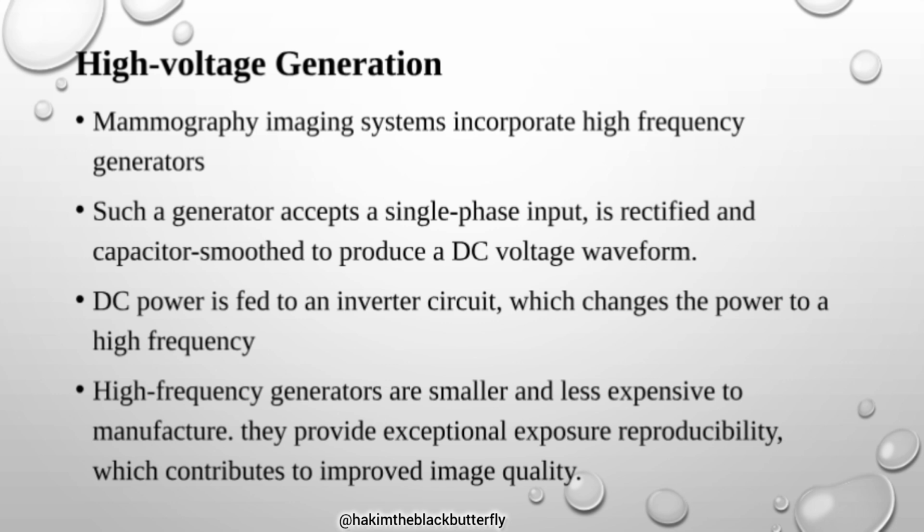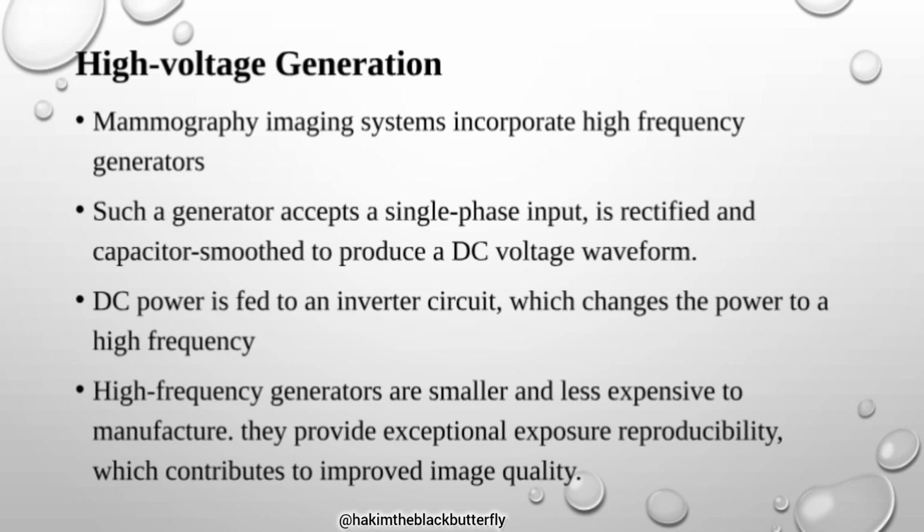So, high voltage generation: mammography imaging systems incorporate high frequency generators. Such generators accept a single phase input. That voltage is normally rectified and capacitor smoothed to produce a DC voltage waveform. Remember these things in generators.